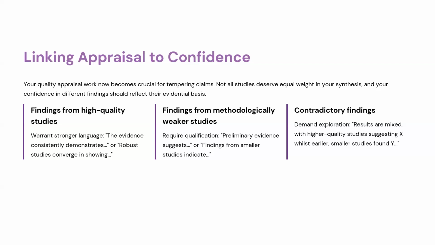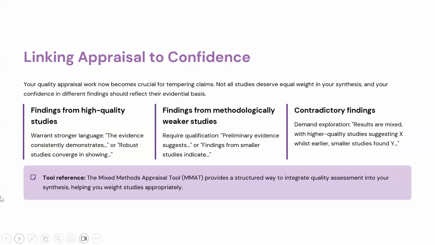Again, this is just an artifact of how different studies are carried out, what their sample sizes were, what their methodology was, whether or not there was an overarching framework to the methodology that was used, whether or not a theme was already generated and applied, or whether or not it was developed coherently or organically. All of these are things to take into consideration that would assist you in determining whether or not findings would be classified as high quality or weaker quality in terms of answering your research question.